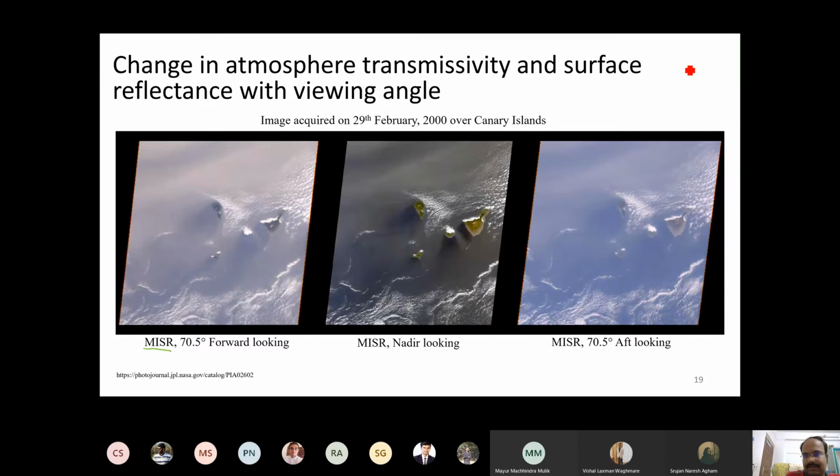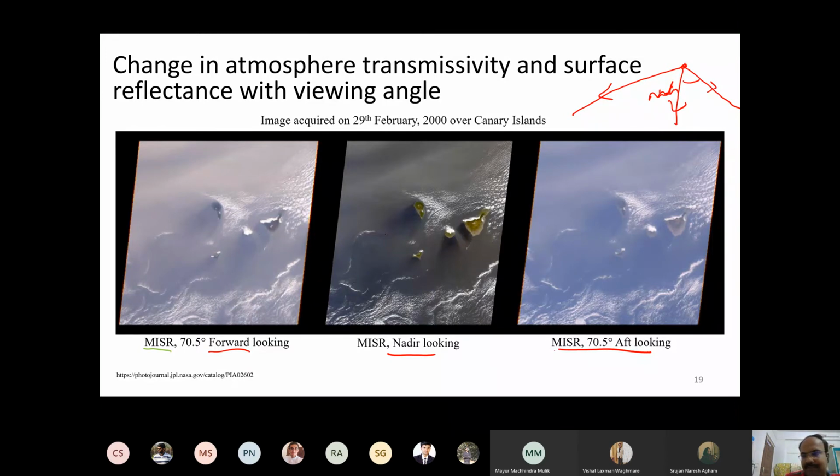If the sensor is here, it will look like this, 70.5 degrees away from the normal in the forward direction. This is the nadir, exactly at the nadir point, and this is 70.5 degrees in the backward direction. These three images are taken at the respective three angles: one forward looking, one nadir looking, one backward or aft looking. If you see, the same area looks completely different because of this change in viewing angle.